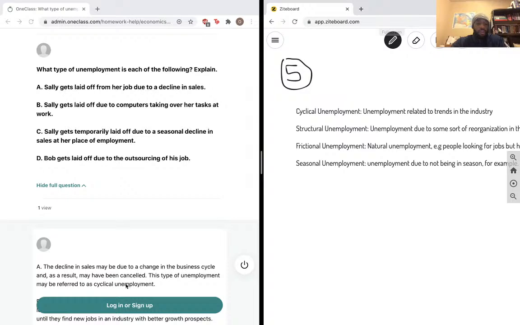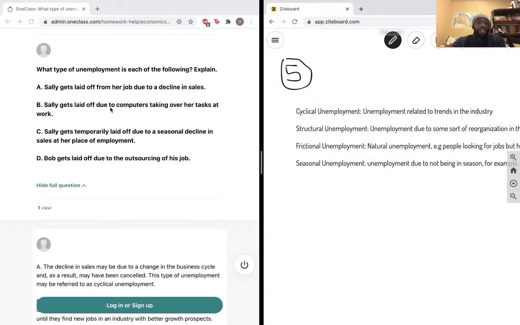This type of unemployment may be referred to as cyclical unemployment. And that says unemployment related to trends in the industry. And again, if you're not making sales in the sales industry, you're likely to lose your job because the trend is obviously moving in an upward direction and you need to make sales. So this would be cyclical unemployment.